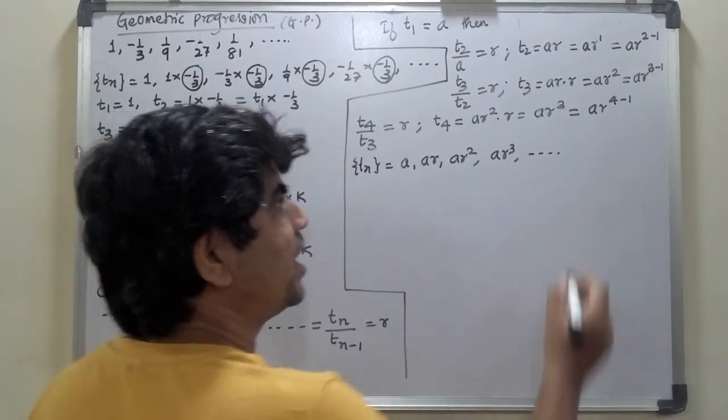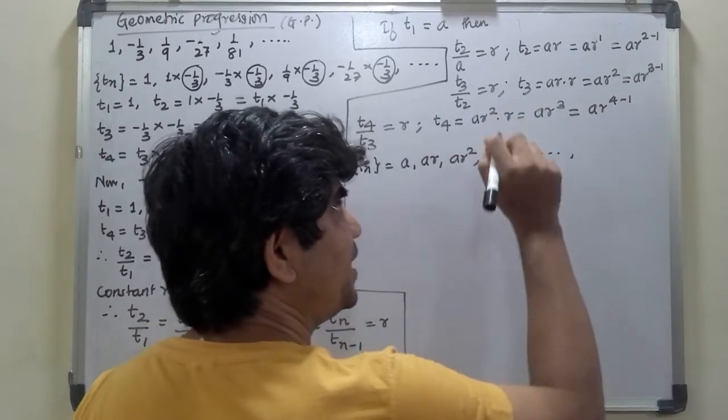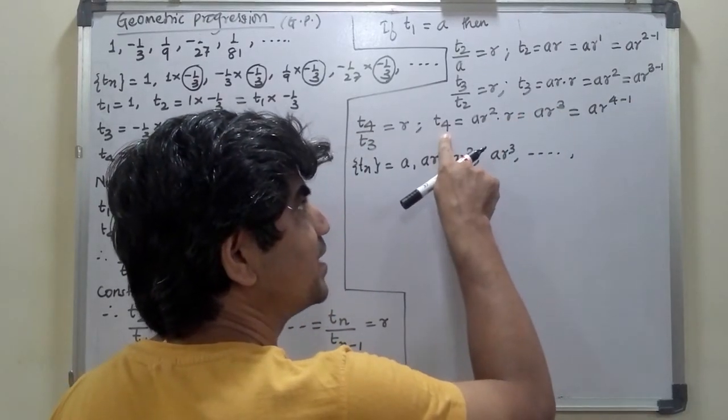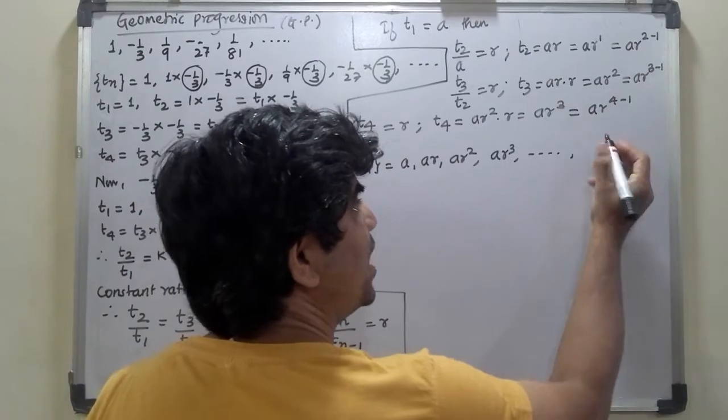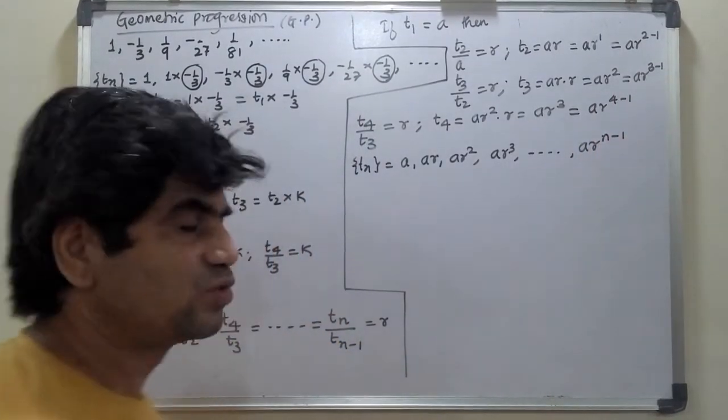So what will be your last term? It will be the nth term. You can see it is obtained from the term number minus 1. So your last term will be AR raised to n minus 1.